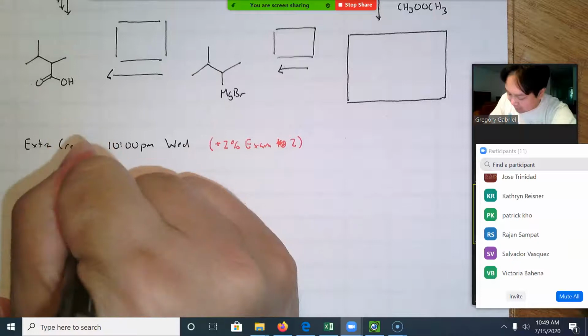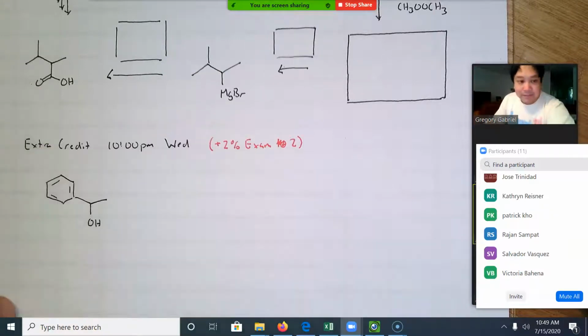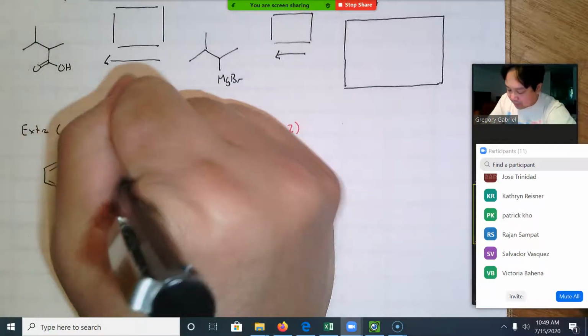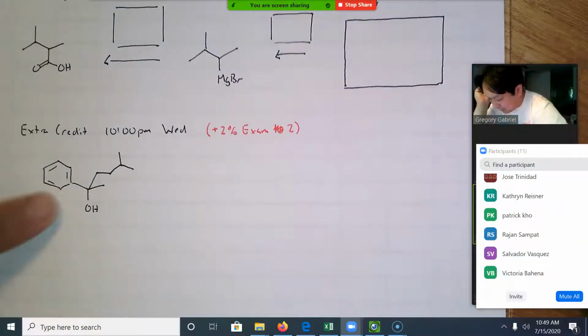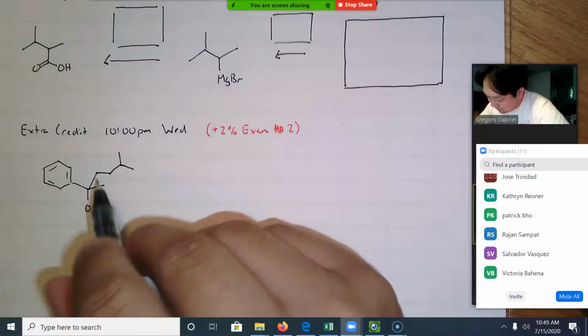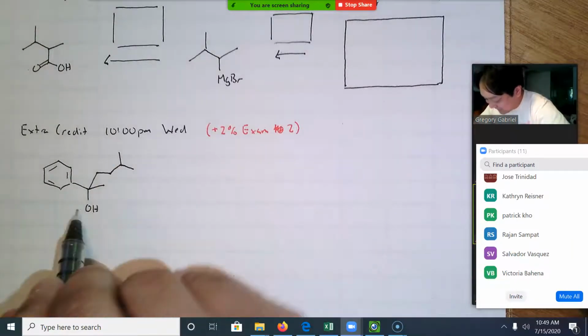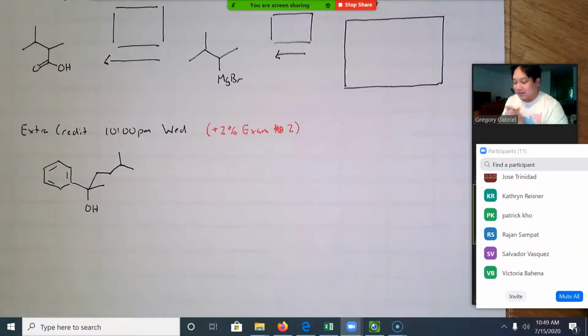And I really like this problem. 1, 2, 3. Now, before I do anything, I just want to make sure that this is going to work. Oh yeah. No. Yes. I think this is going to work.